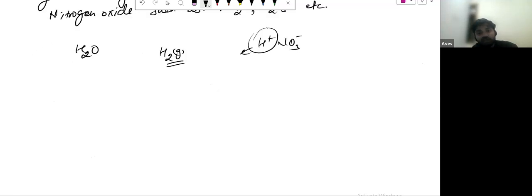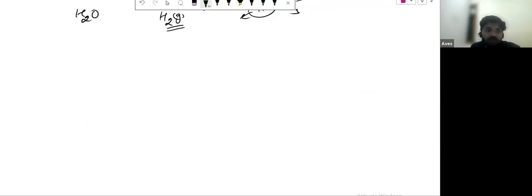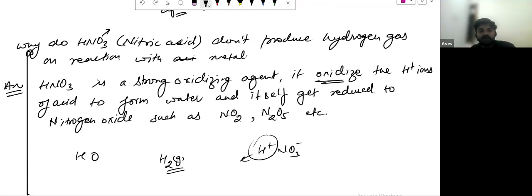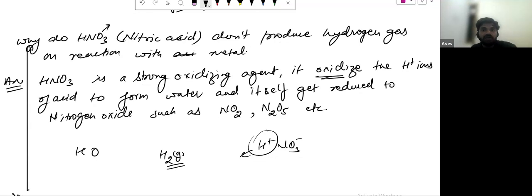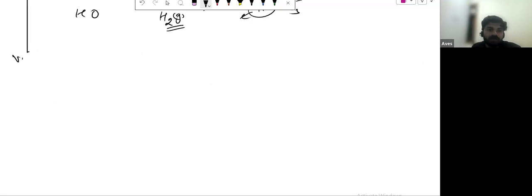But there are still two metals. It is very important, beta. Everybody needs to understand this one. It has been asked many times in the examination. There are two metals.